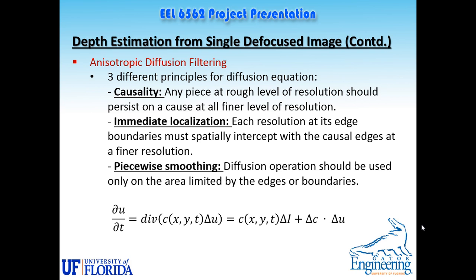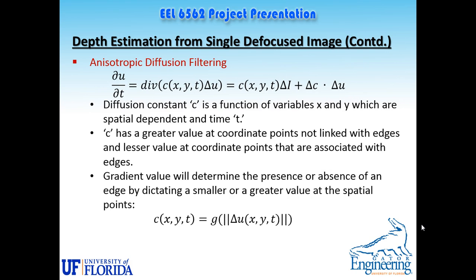Finally, we have piecewise smoothing, which should be used on the area limited by edges or boundaries. So combining all these three principles, we can finally come out with the final equation for the anisotropic diffusion filtering, which is given at the bottom of the slide. I'm going to explain it in the next slide.